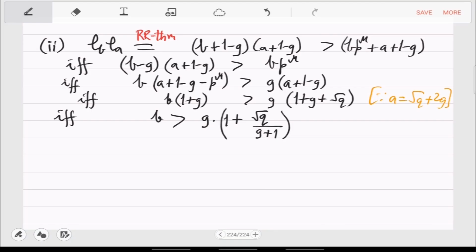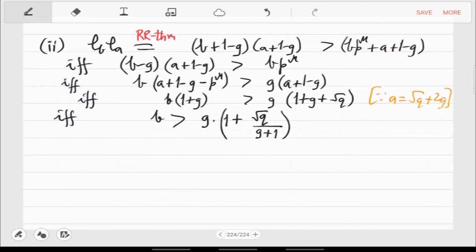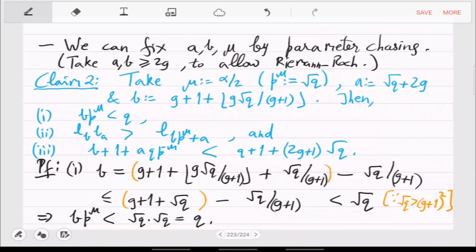And is that true? B indeed is bigger than that. Right, we took B to be 1 more than that.